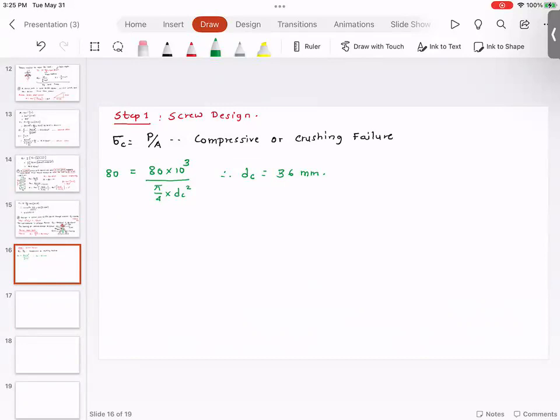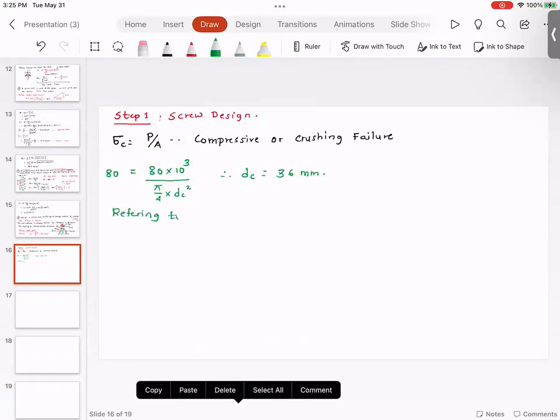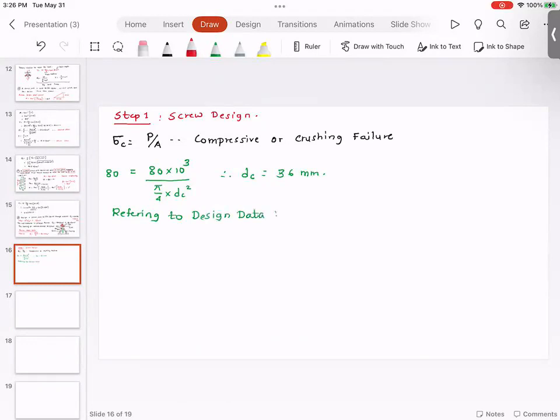So if you look at the machinery's handbook or design data book, referring to design data, you would notice the preferred size for screw is 38 by 8 millimeter. This is the preferred size.